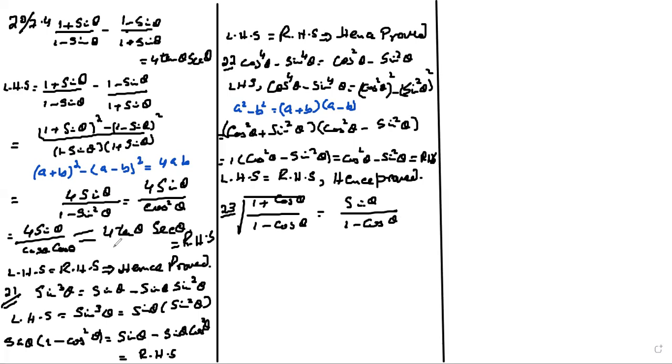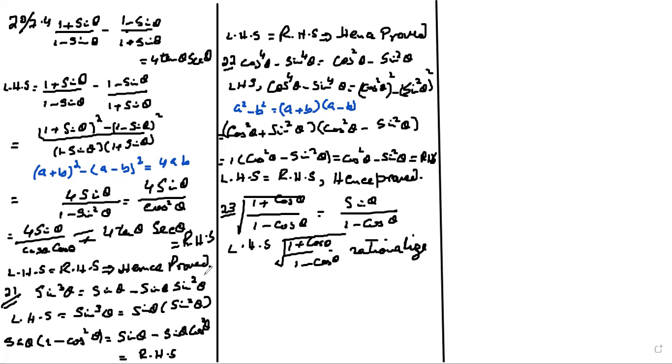Right, taking left hand side and rationalizing it. 1 plus cosine theta over 1 minus cosine theta, under the root, and rationalize the denominator.